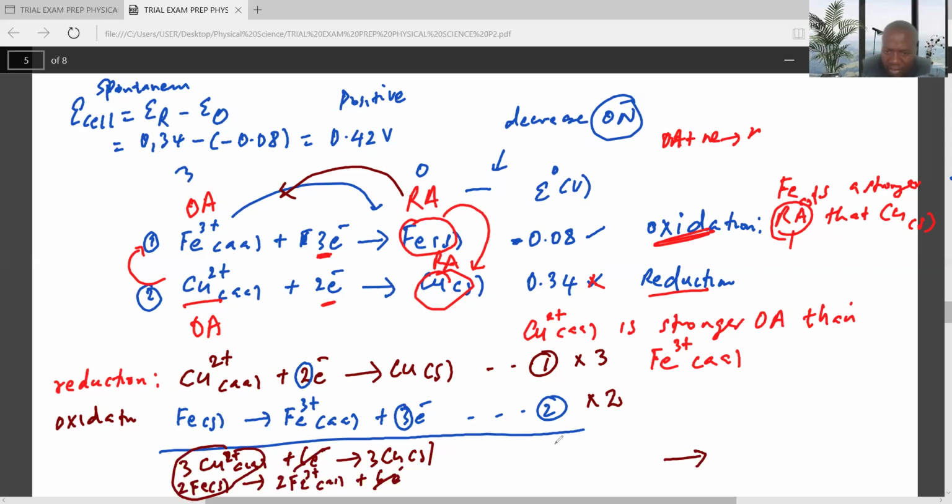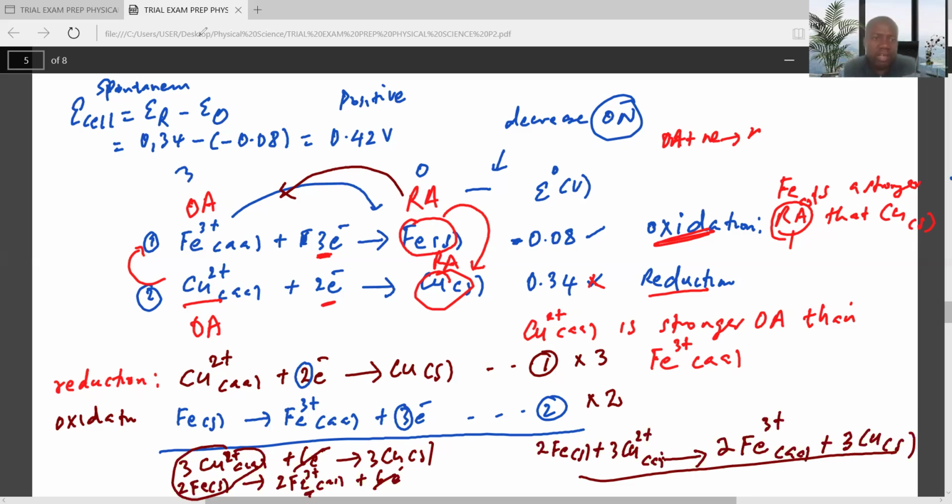So it's going to be 2 Fe, a solid, plus the ion electrolyte. Same applies inside the electrolyte. So it will be 2 iron 3+ as an aqua plus 3 moles of copper. So this is an ionic reaction.